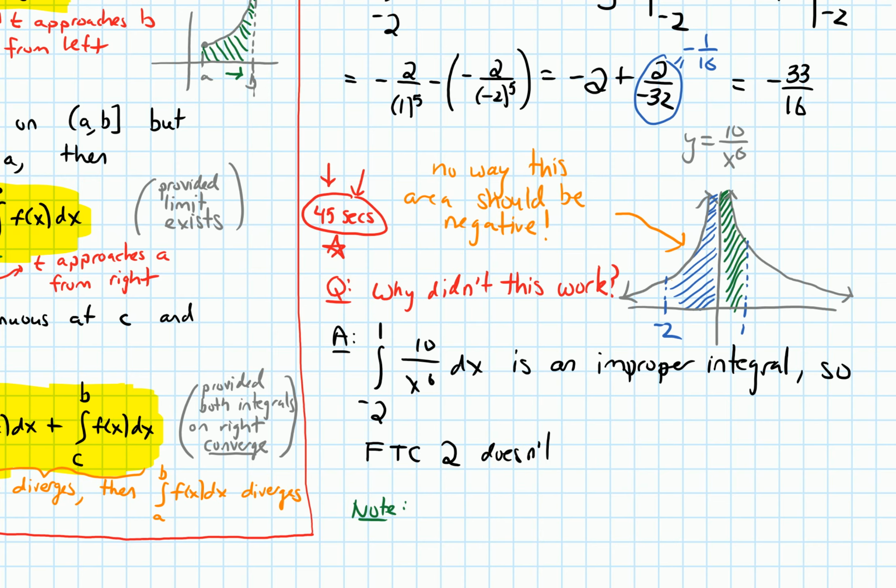So just taking the antiderivative, plugging those bounds and subtracting, that doesn't work because it's an improper integral. We have to be more careful. So this was improper because our function was discontinuous at 0, and that's relevant because 0 is in this interval that we're talking about, -2 to 1.